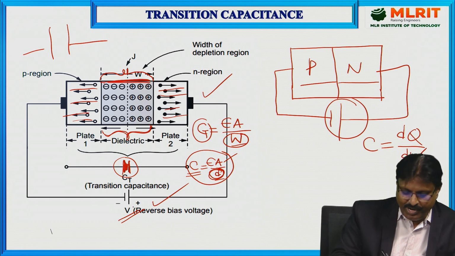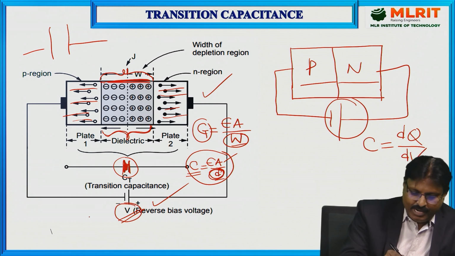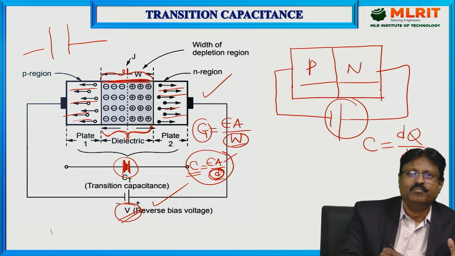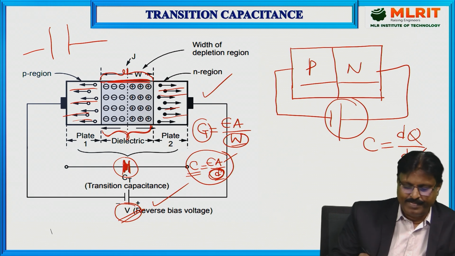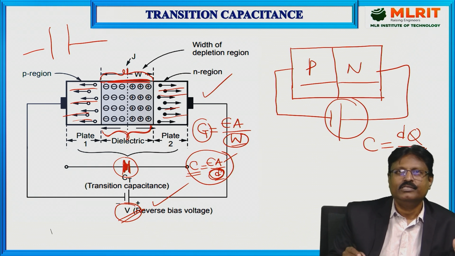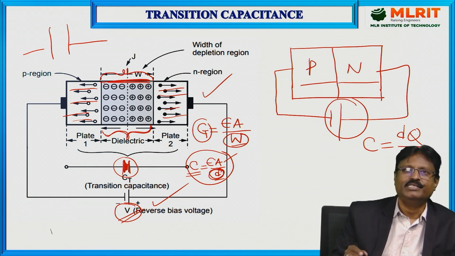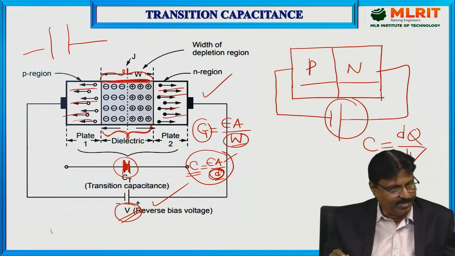Whenever you increase the reverse biasing voltage, the depletion region width must go on increasing, so CT will obviously decrease. This particular effect is called transition capacitance, which is exhibited in the PN junction diode under reverse bias.